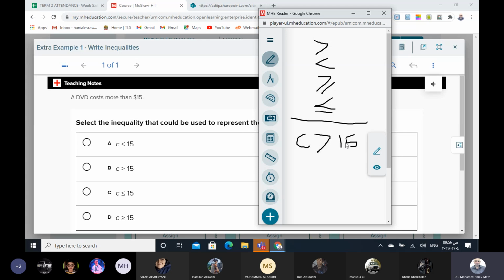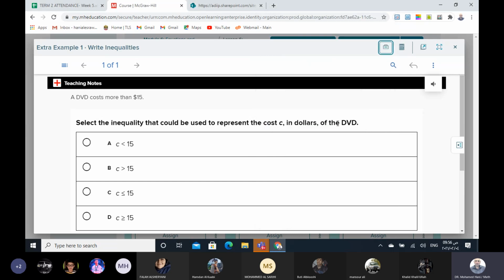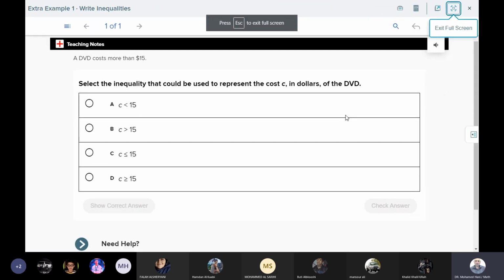When you use greater than, less than, greater than or equal, or less than or equal, we have an inequality. My question now: what is the difference between the inequality and the equation? Who can answer me now?